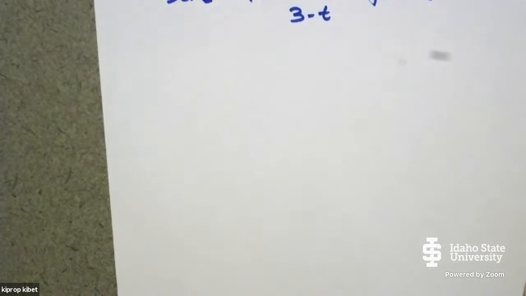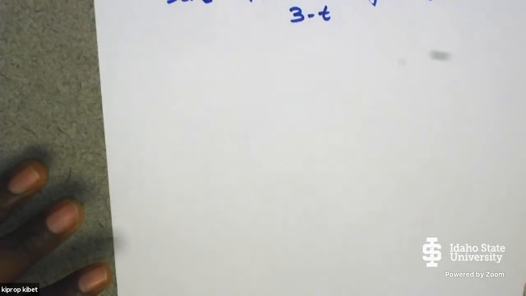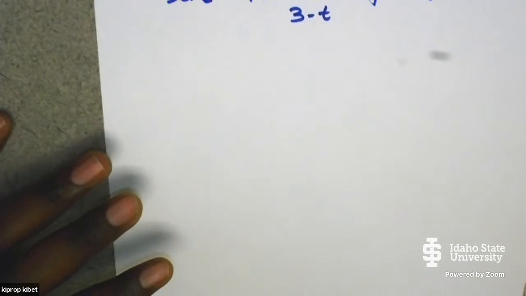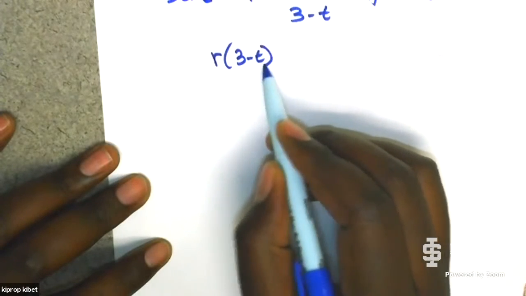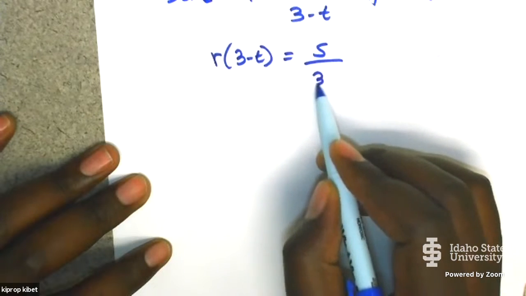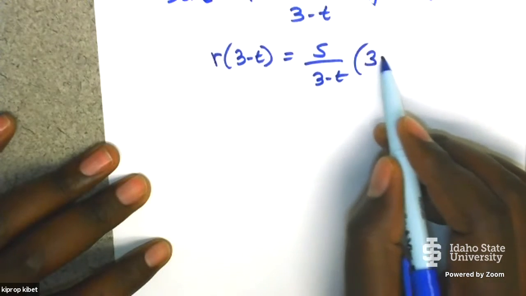You remove the denominator by multiplying both sides by 3 minus T. So R times 3 minus T equals S all over 3 minus T multiplied by 3 minus T.